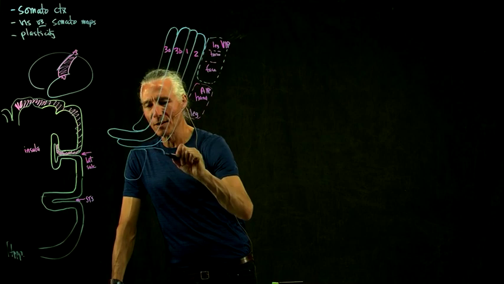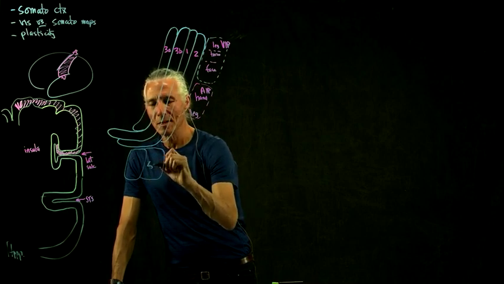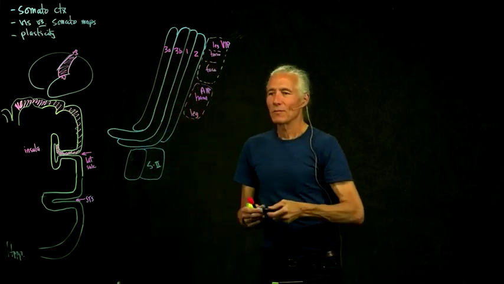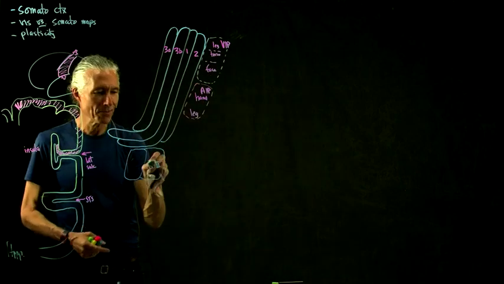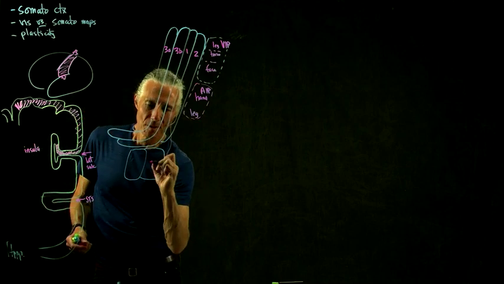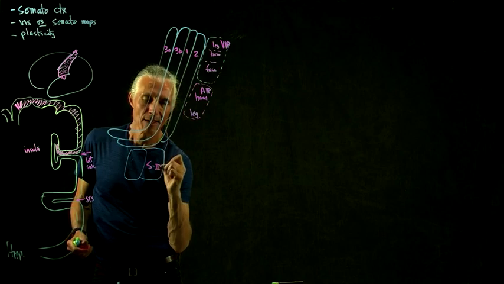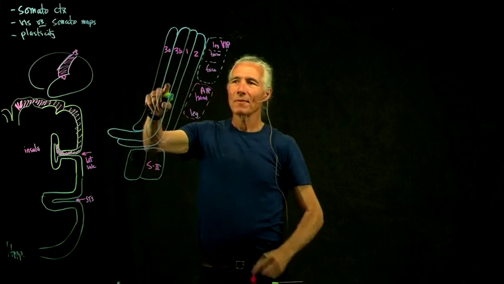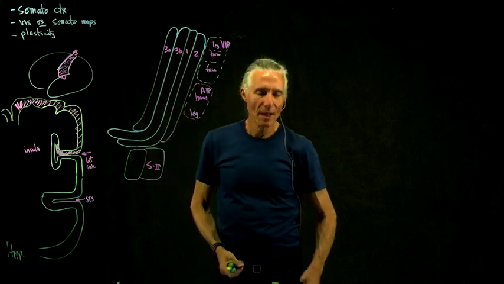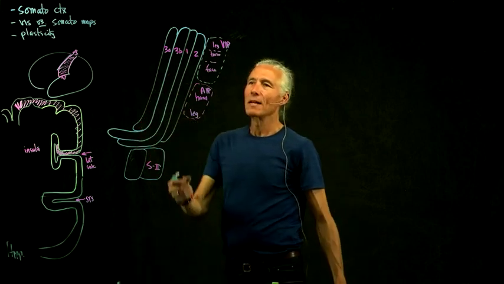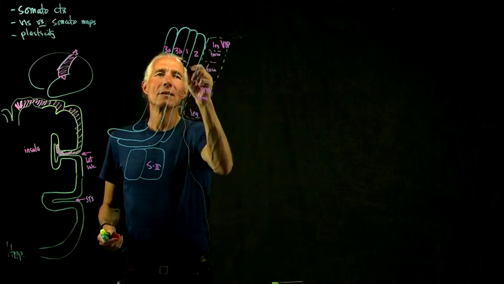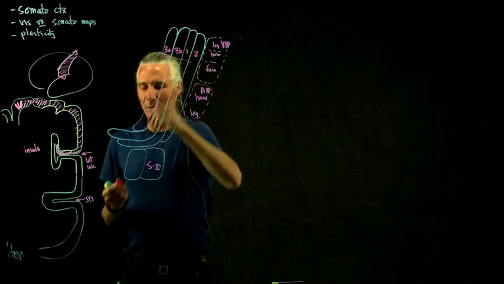It was originally called S2. So what is S1? Well, initially what happened was people looked at the representation of different parts of the body in area 3B and 1 and 2, and it turns out if you look at this, you can see there's generally sort of the foot up here.